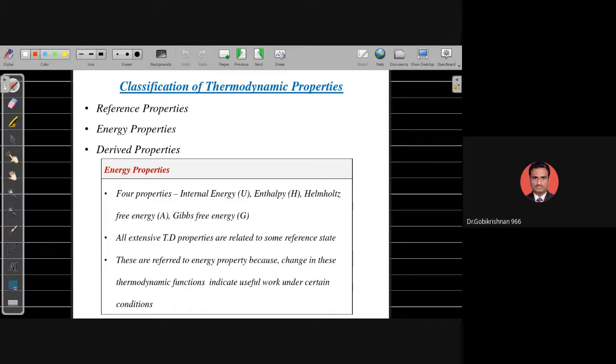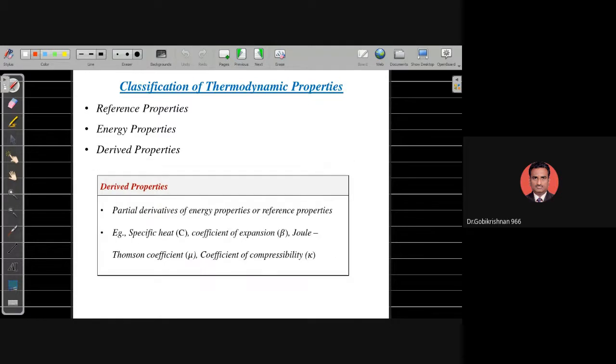The next comes the derived properties. What do you mean by derived property? Derived property means the property which can be predicted with the help of the fundamental properties or energy properties. Therefore, that is called a derived property.